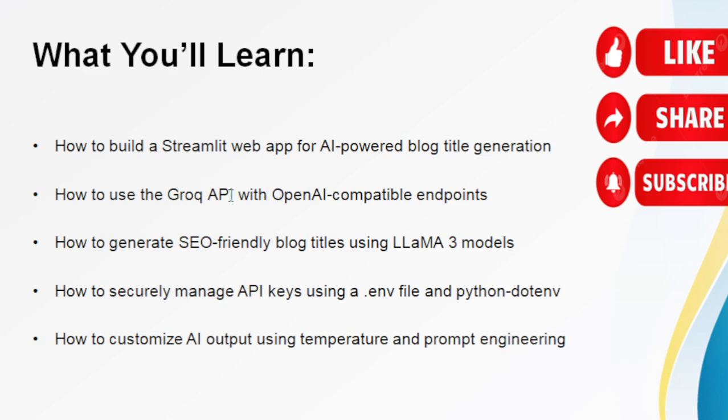We are using the Groq API and the Llama 3 models, so using the Groq API we will interact with the Llama model, through which we will get the response. With the help of Llama 3, we will get the generative AI response.